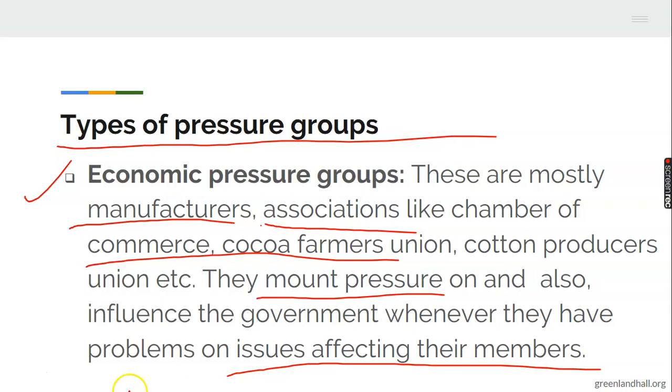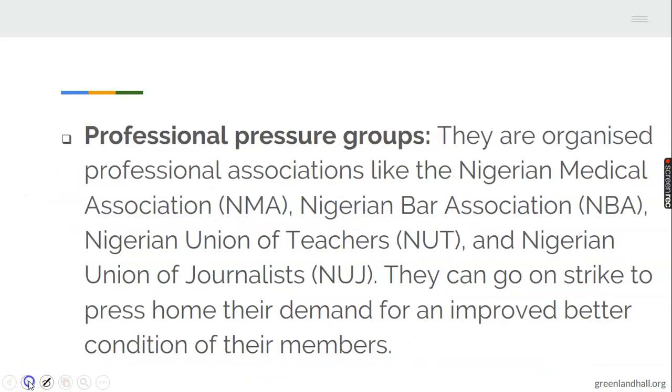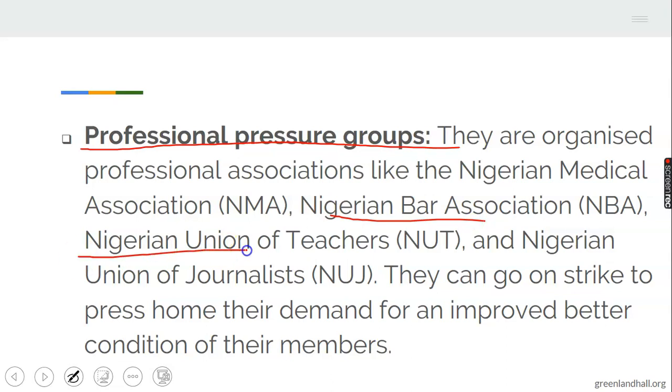Two, we have professional pressure groups. They are like the Nigerian Medical Association, NMA, that is Association of Medical Doctors, Nigerian Bar Association, the lawyers, NBA, Nigeria Union of Teachers, NUT, and Nigerian Union of Journalists, NUJ.